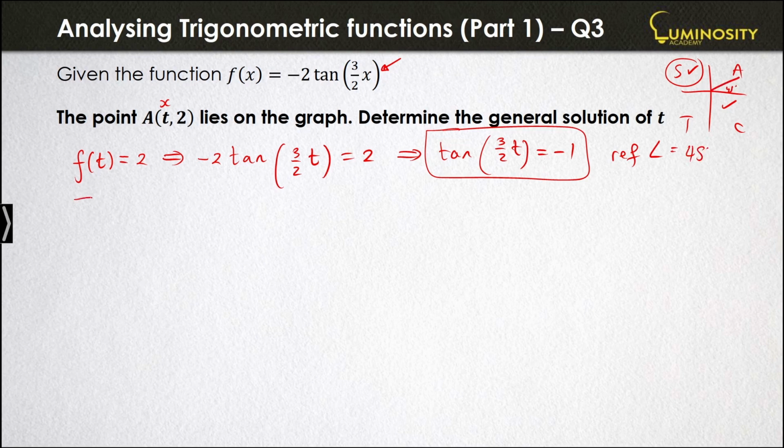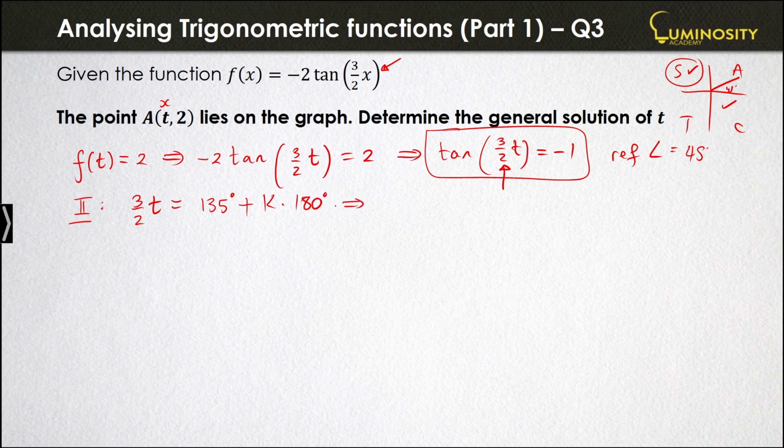So therefore, in the second quadrant, the solutions will look as follows. The angle 3 over 2t, that's really important, that's the entire angle, is equal to 180 degrees minus the reference. So 180 minus 45 is 135 degrees, plus k times the period of tan, which is 180.